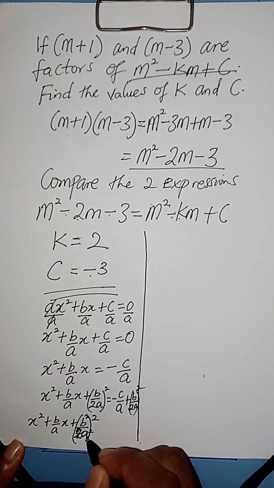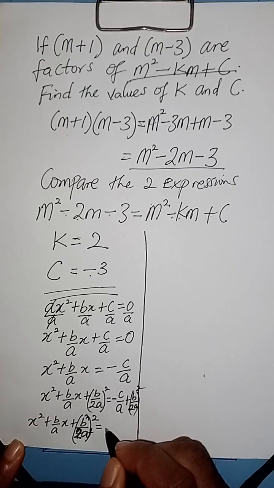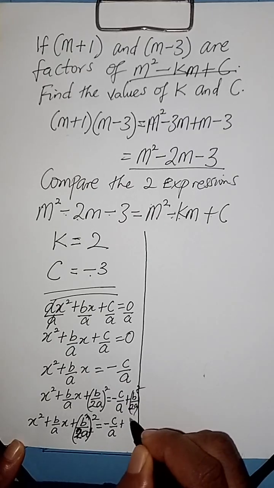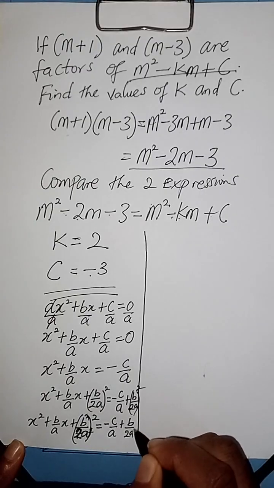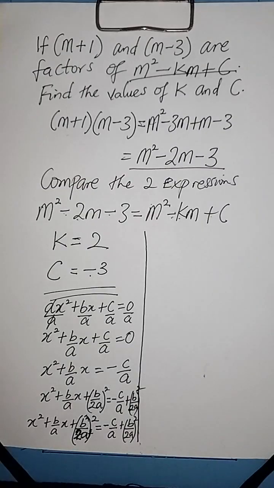So don't touch this, please. Leave it the way it is. Equal to minus c over a plus b over 2a all squared. Okay, good. And there's a reason why.